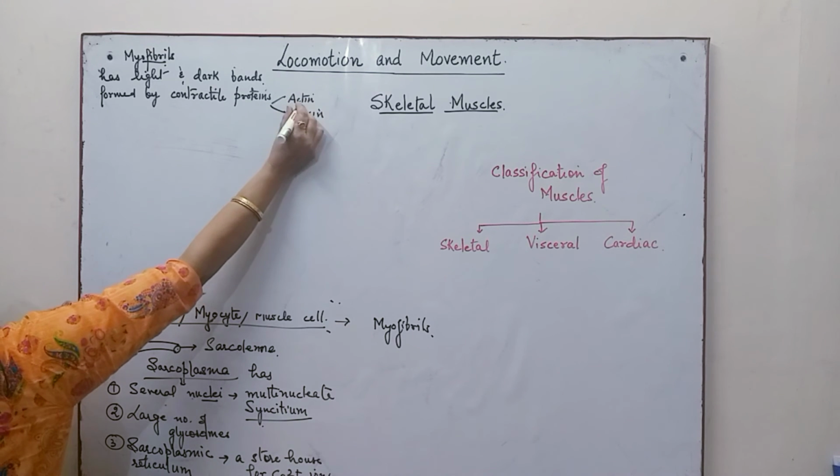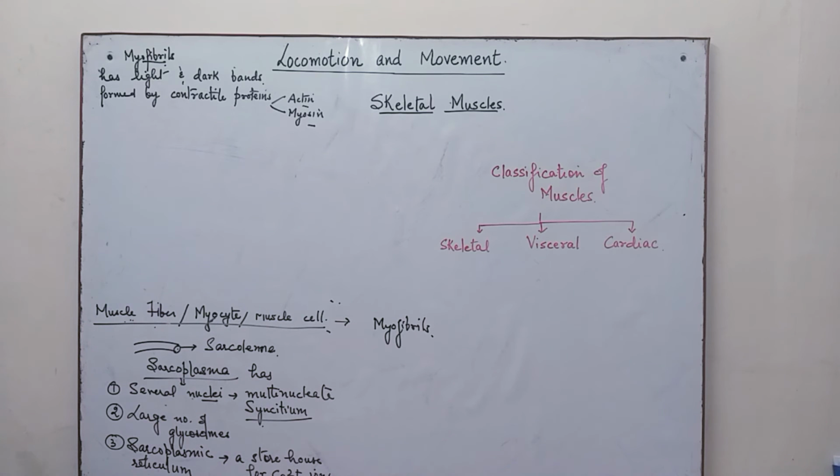These two are very important contractile proteins which play an important role in bringing about the movement or the contraction of the skeletal muscles. So these light and dark bands will eventually give the striated appearance.